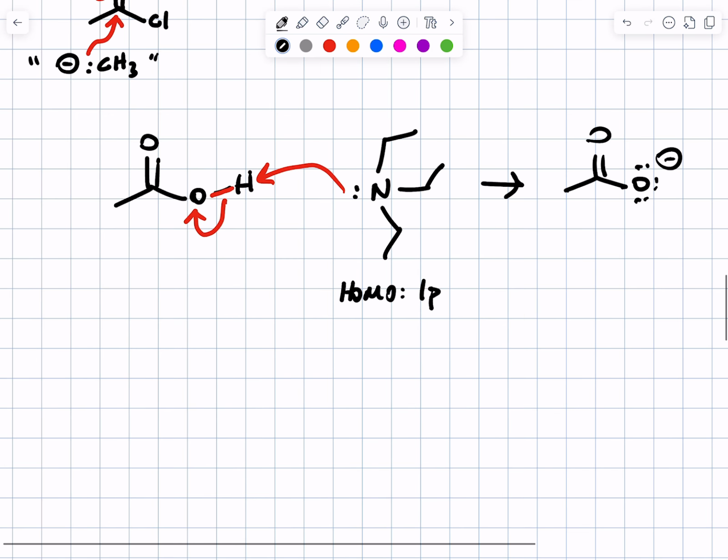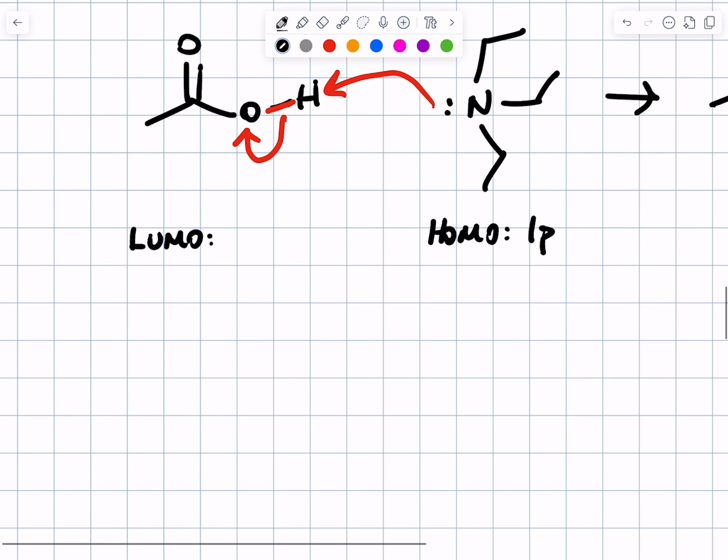No controversy there. But to explain the electrophile, you would have had to conclude that the LUMO was the oxygen-hydrogen sigma star, when instead your process for identifying HOMO and LUMO would have told you that the LUMO was the carbon-oxygen pi star? Some of you had that question. If you didn't, now you do.